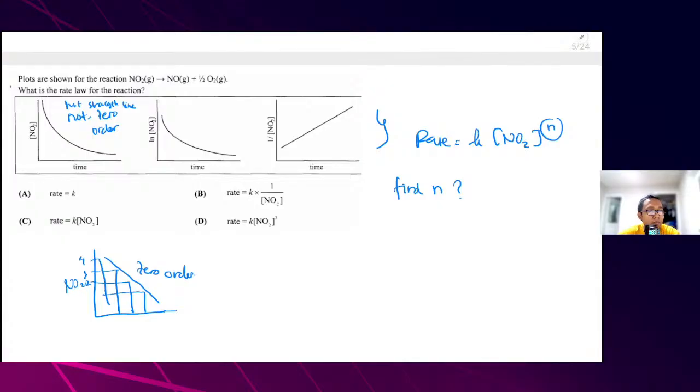The second graph also is a curved line. If it were first order, the graph would be a straight line, so this is also not first order. Just remember, this one is NO2, this one is ln NO2, and this one is 1/NO2. And the third graph is a straight line going up. Whenever the graph of 1 over concentration is a straight line, that means the reaction is second order.